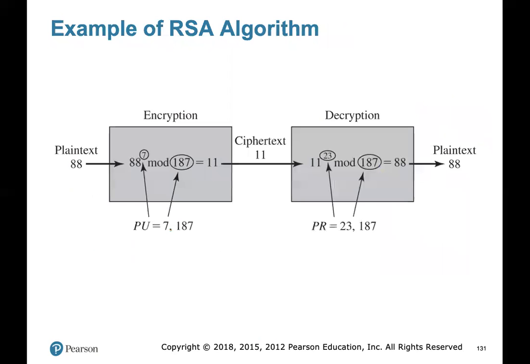Okay, now let's see examples I mentioned. The first example here, we have the plain text 88, and we have the public keys 7 and 187. And here our private key is 23.